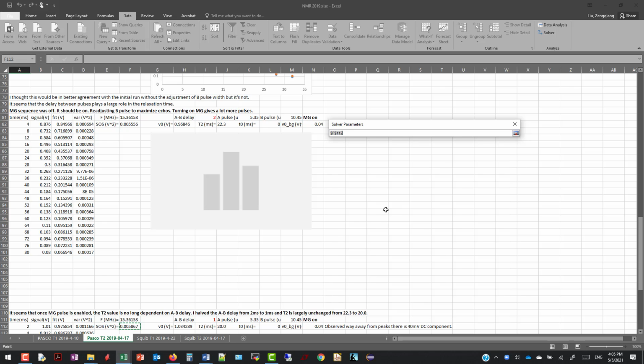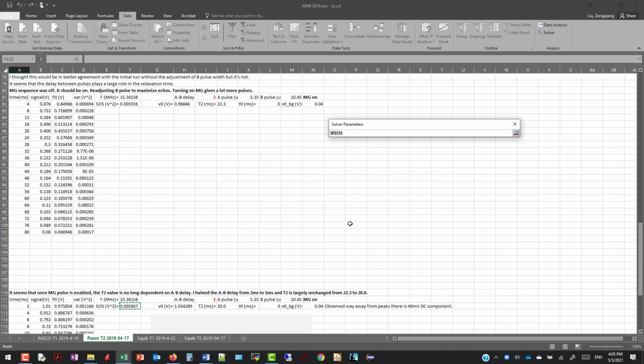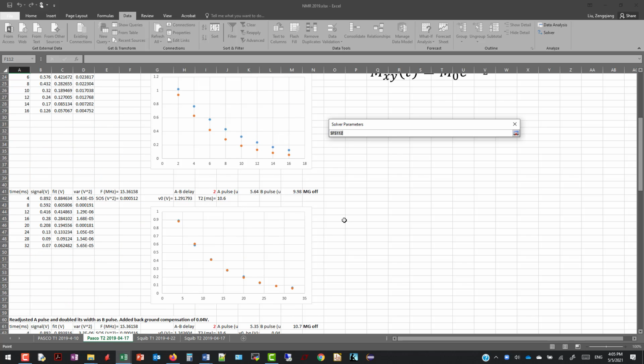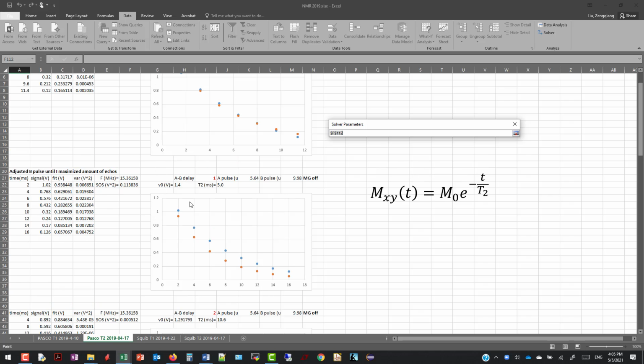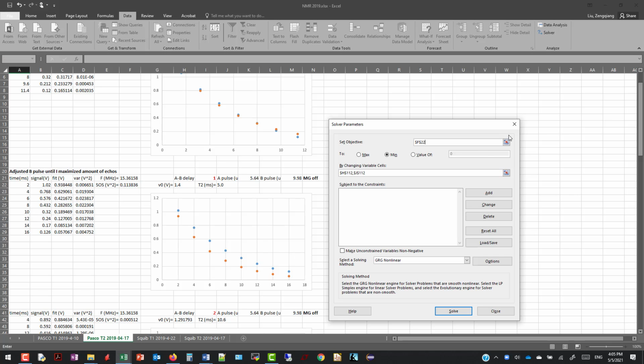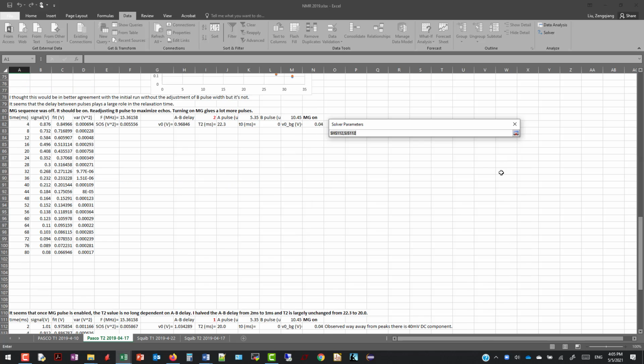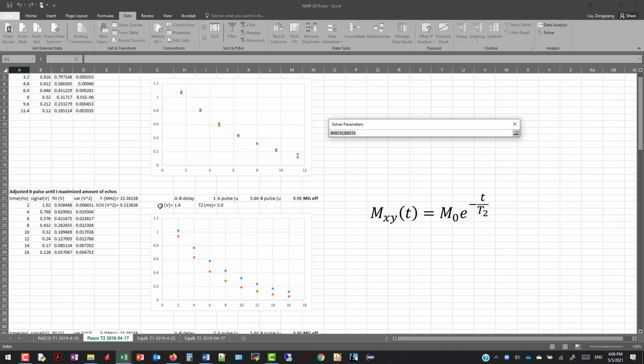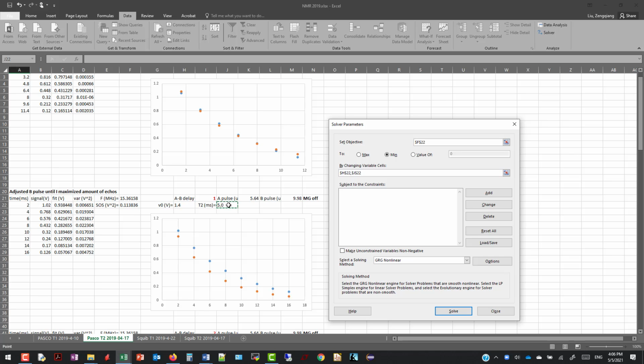So I'll pick, well, I don't know what happened with those graphs. Okay, I was using this right here. So I'll pick, I need to reduce sum of squares, minimize that, and I have the voltage and also the time that I can fit with, uncheck that, and I can solve.